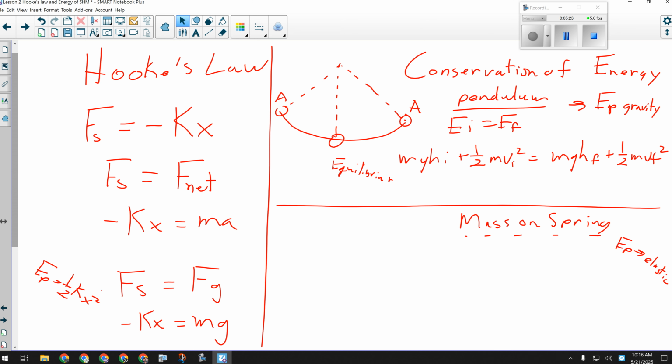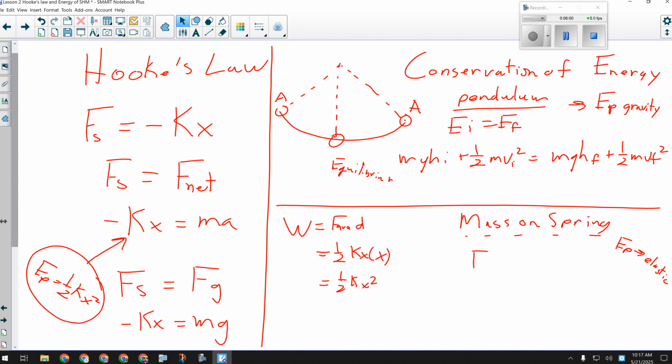The elastic potential energy formula is derived from Hooke's law. Remember that work is average force times distance. So that means 1/2 of the maximum force, k times x again, gives us 1/2 kx squared, our elastic potential energy.